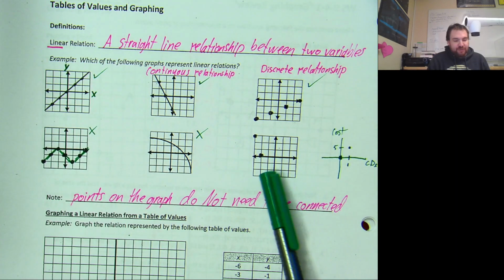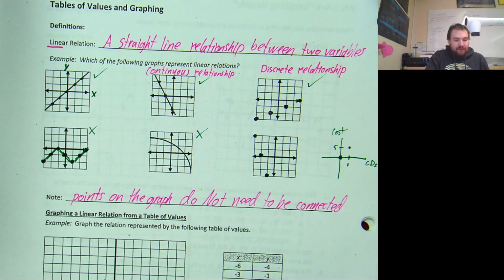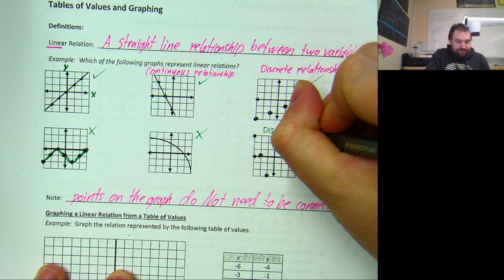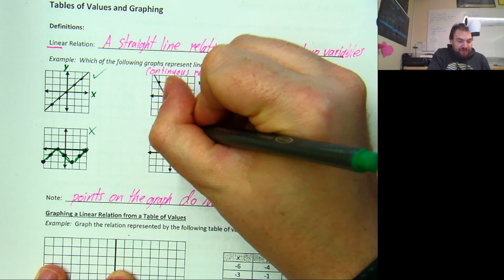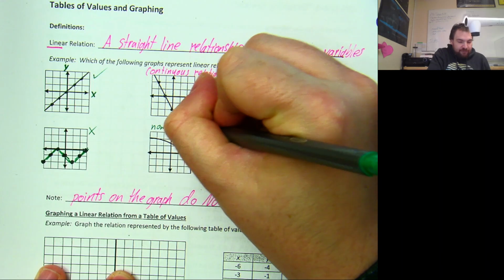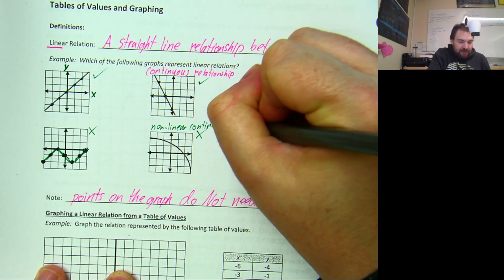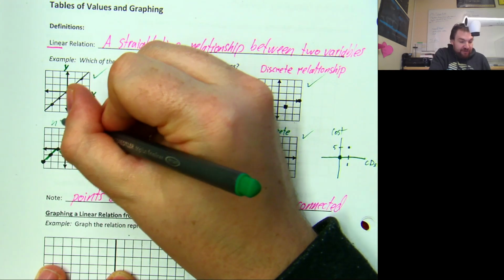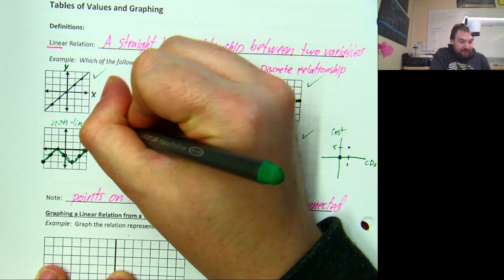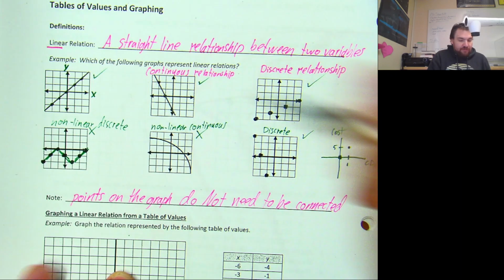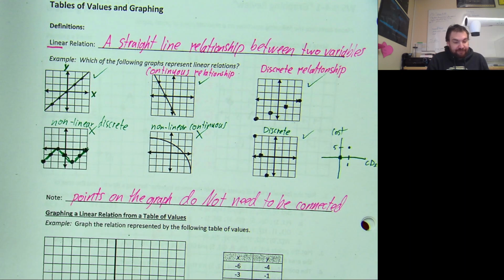And Carolyn, you said that this one was linear, and this one's discrete. This one over here was nonlinear and continuous. This one over here was nonlinear, and it was discrete until I drew some lines in there.